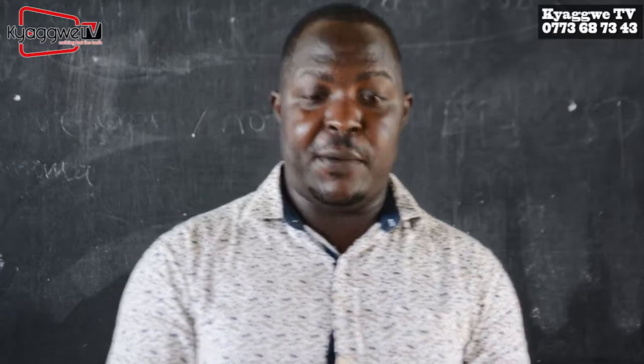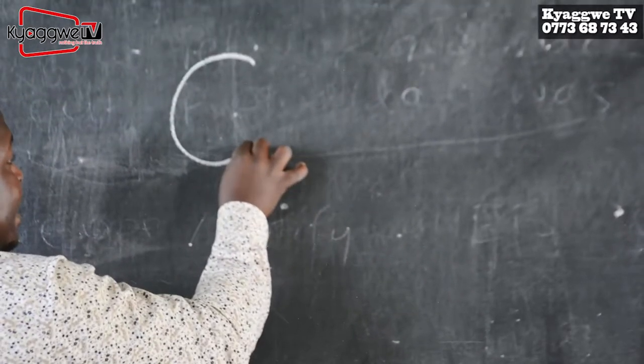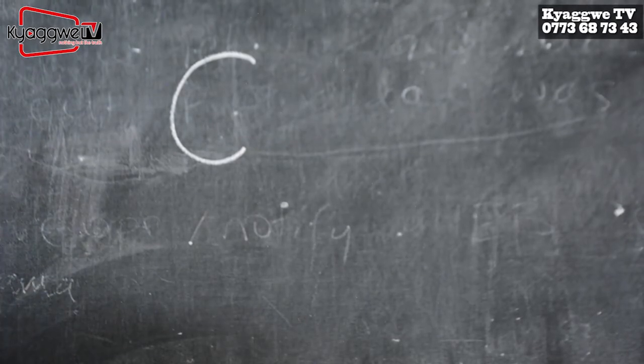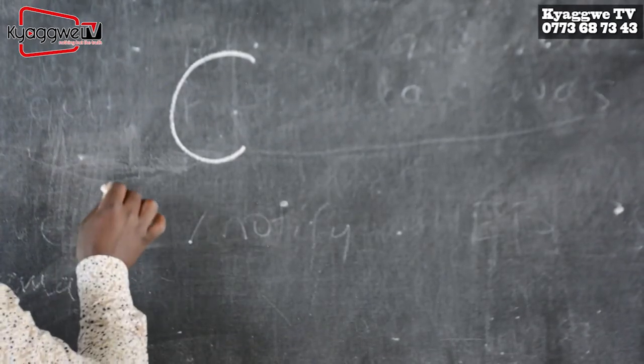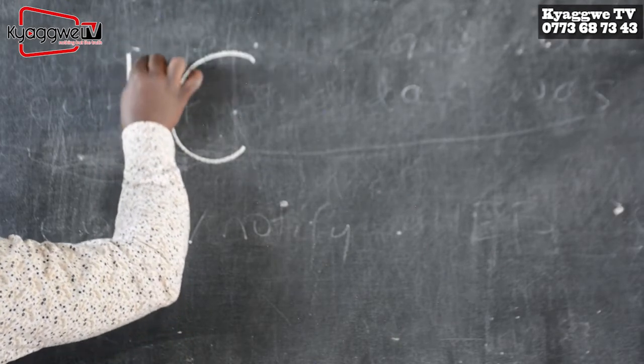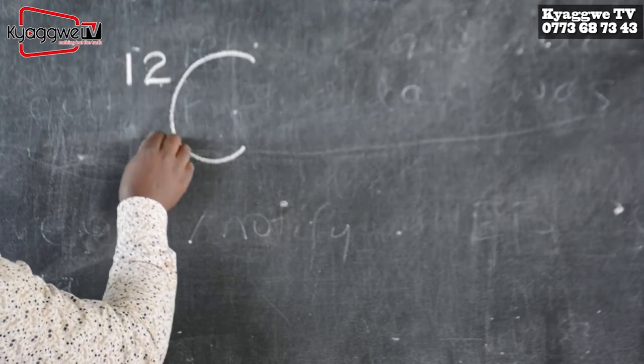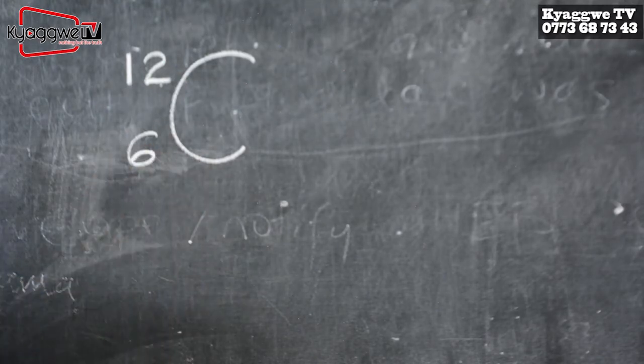I'll write it for you. The symbol of carbon is capital C. It has atomic mass 12 and atomic number 6.